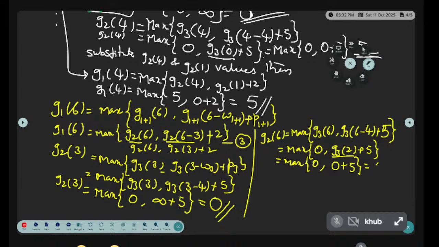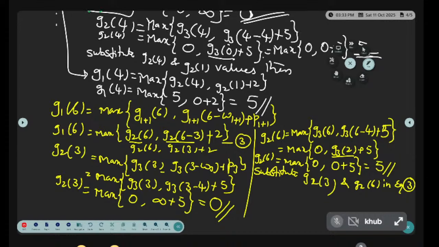is equals to 5. That is G2 of 6. So substitute G2 of 3 and G2 of 6 in equation 3.